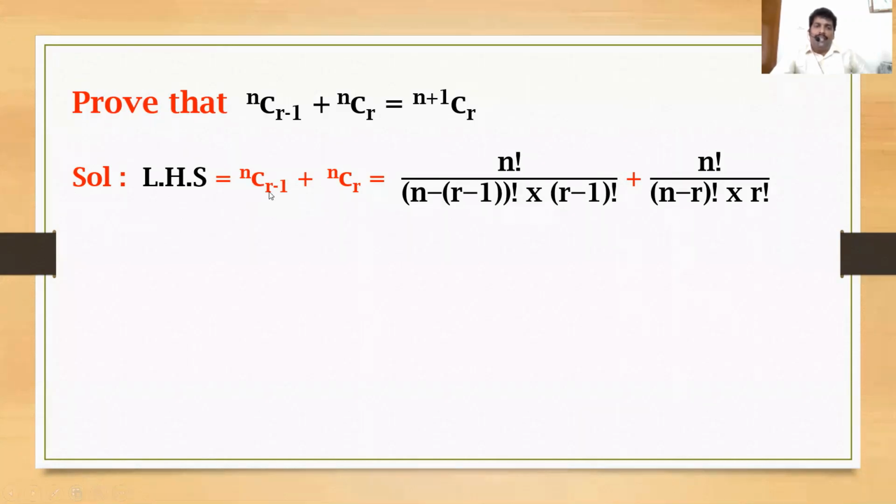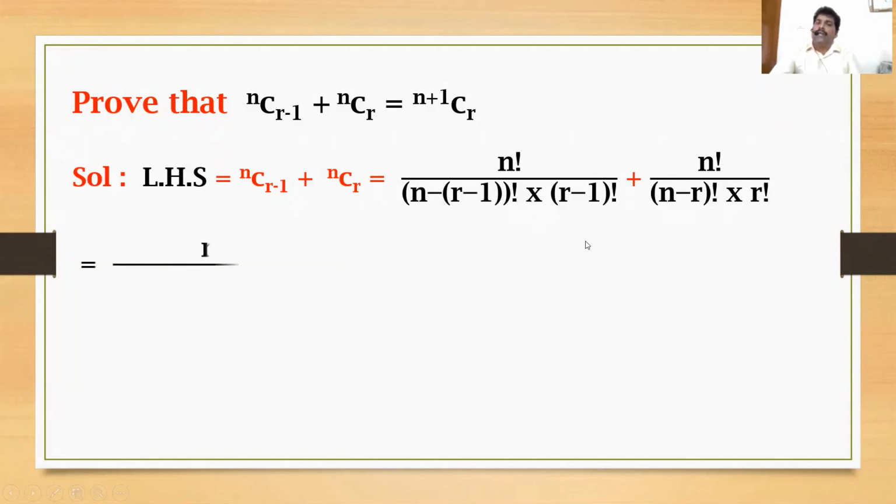So in the formula, wherever r is there, in the place of r you have to write r minus 1. Plus the second one is NCR. NCR formula is the same: n factorial divided by n minus r factorial into r factorial.